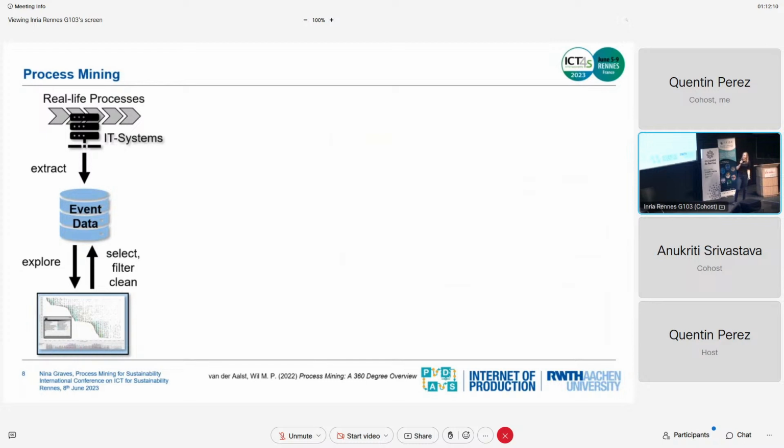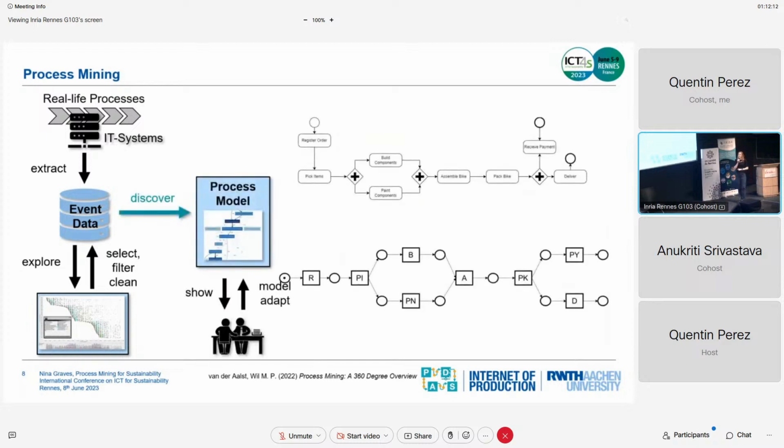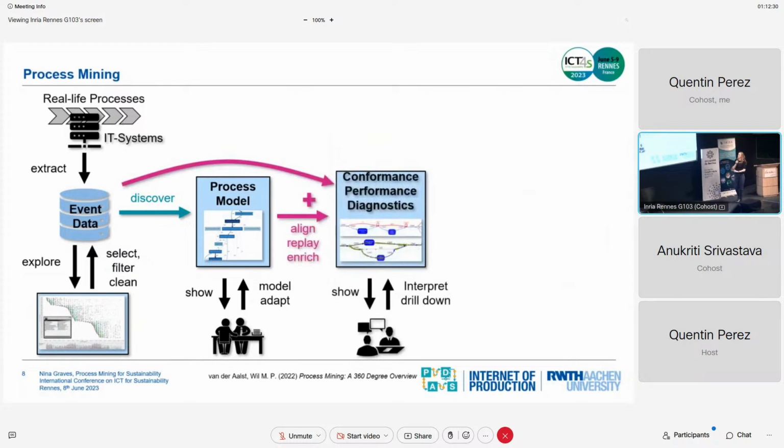So we have the event data, and then we can automatically create process models. These are two examples of process models, a BPMN model at the top and a Petri net at the bottom. We usually work with Petri nets. So we put it into an algorithm and get a process model. Then we use this data, the enriched data and the model, and we do conformance checking.